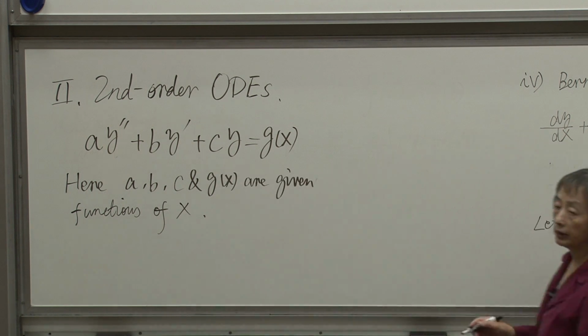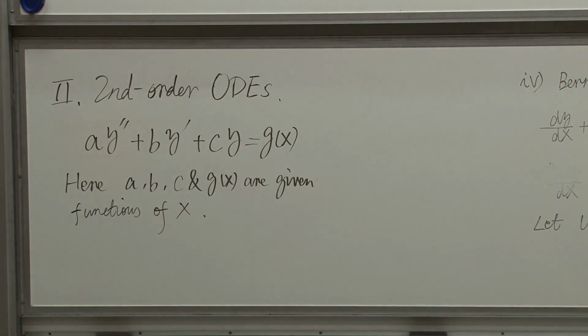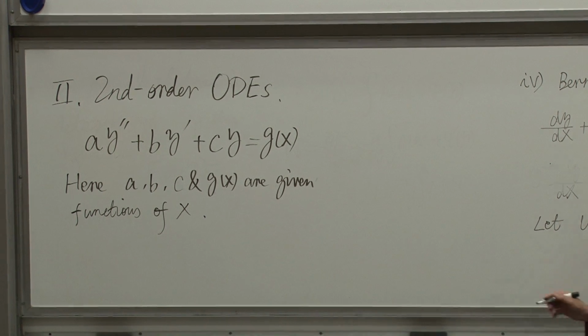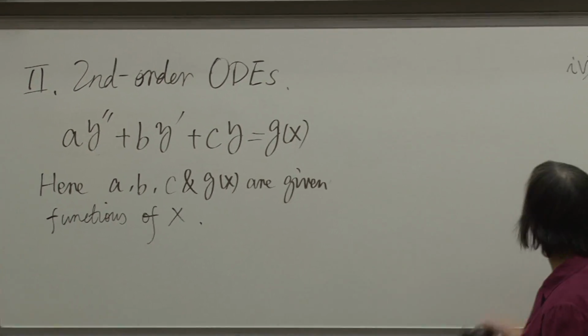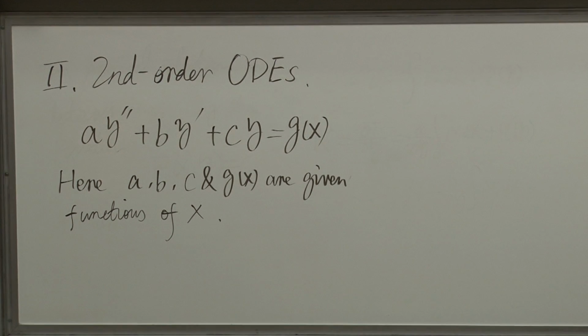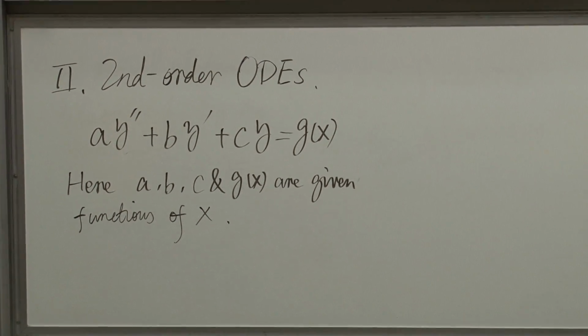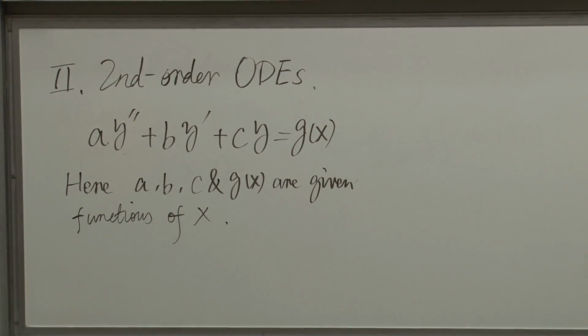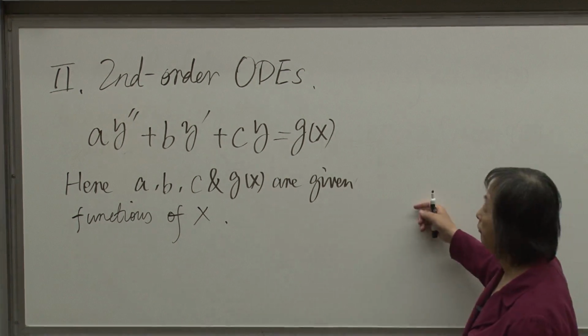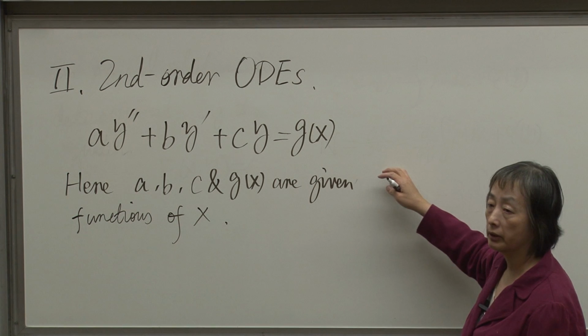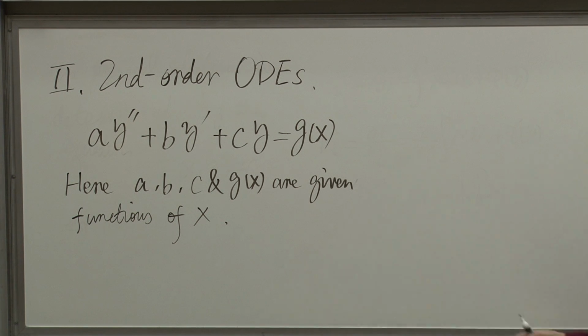So this equation is also called a linear second order equation. Remember, when we classify an ODE as a linear or nonlinear equation, if an equation is not linear, then it's nonlinear.